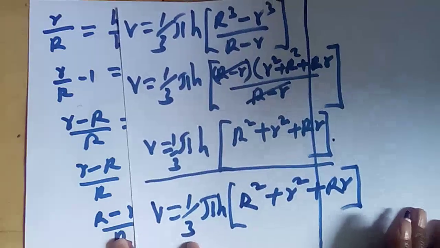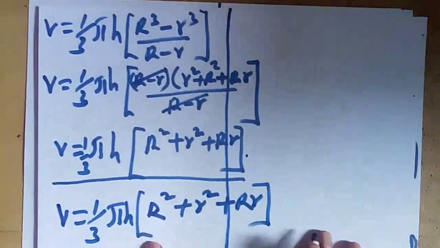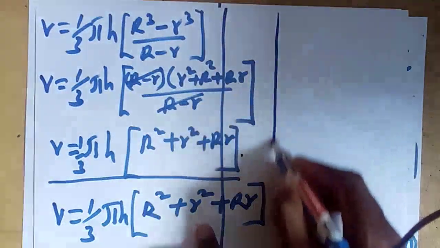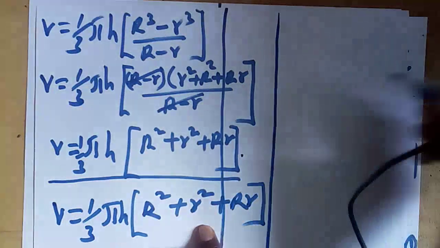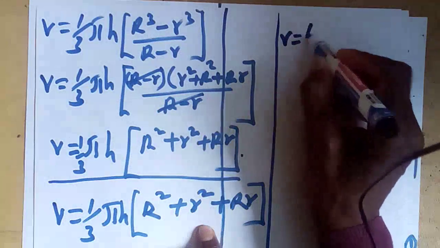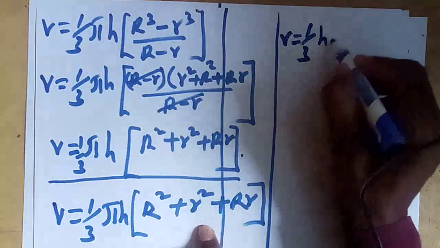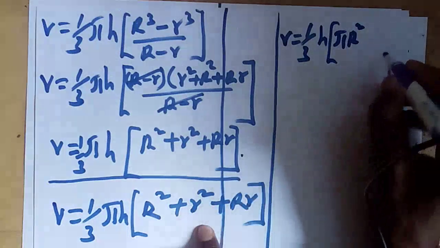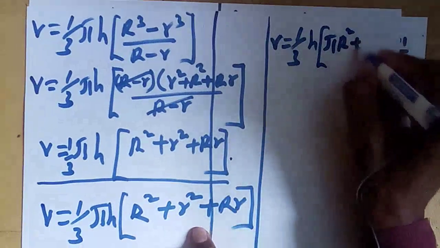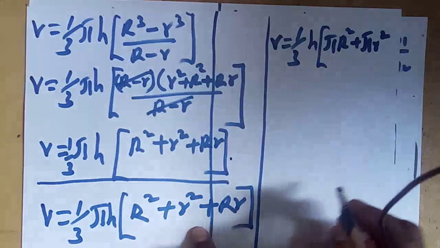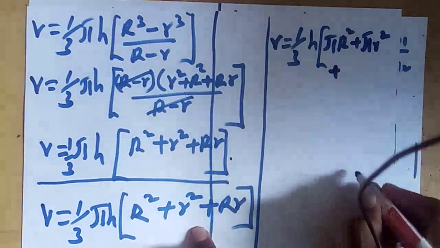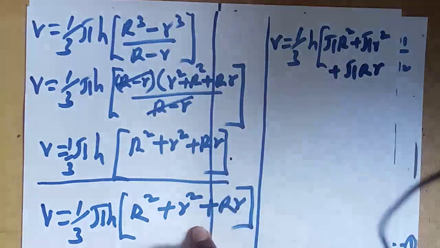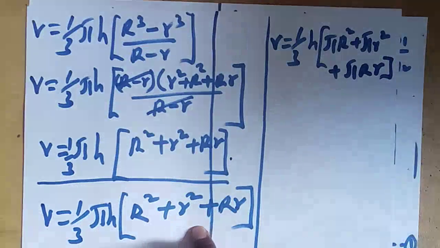But what I want us to do in this particular relation, I want us to multiply this pi in, and you're going to have volume equal to a third h into pi R squared, plus pi r squared, and then plus pi capital R r in that manner, right?